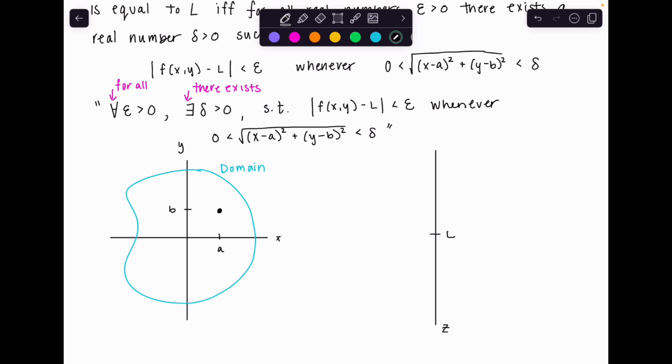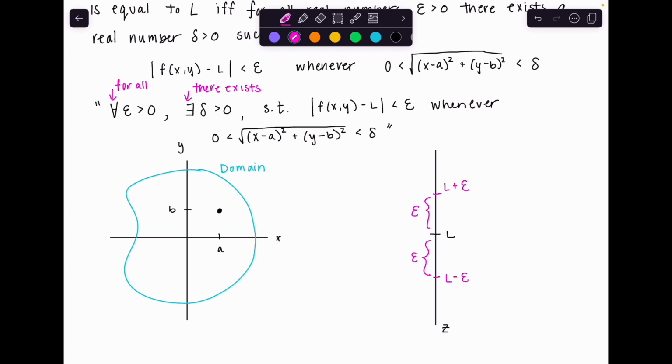What this definition is saying is, if I take a small perturbation of a distance epsilon, and it's arbitrary, this value up here would be L plus epsilon. This value here is L minus epsilon.